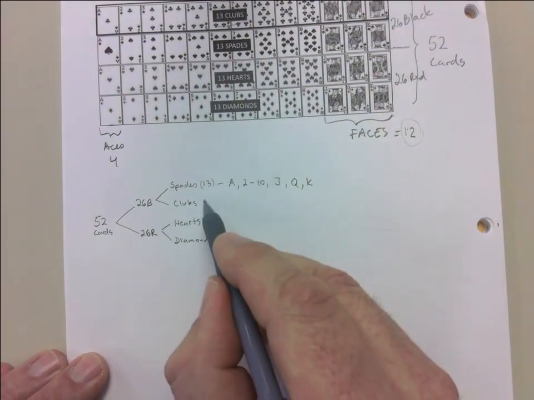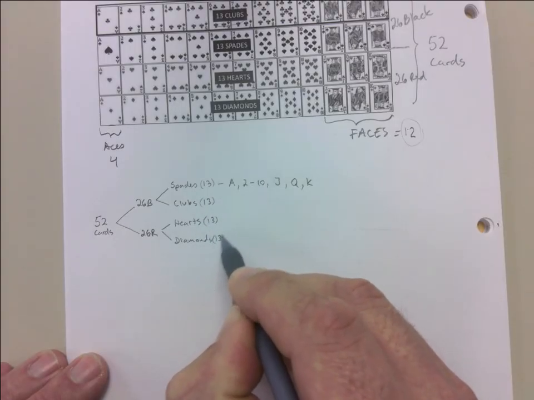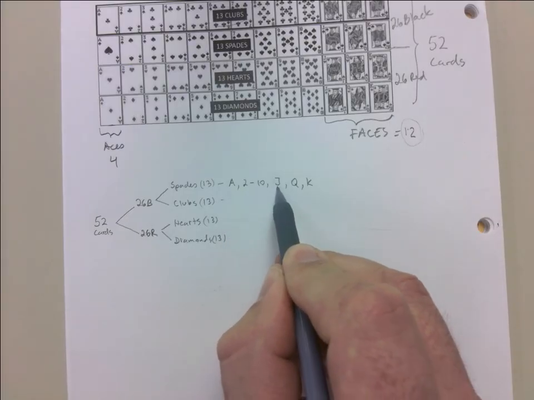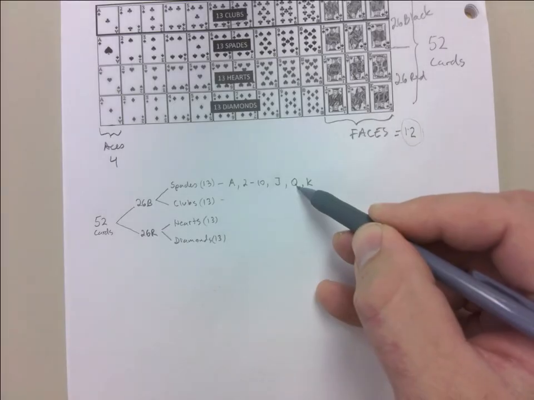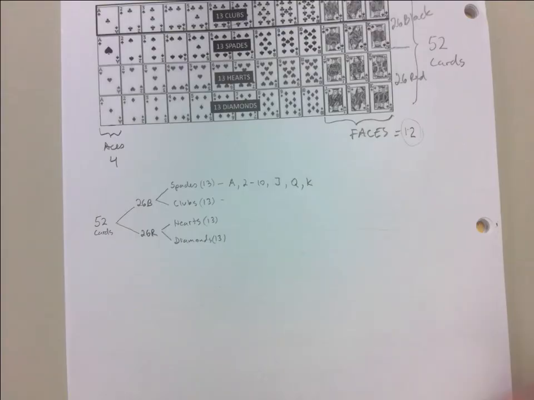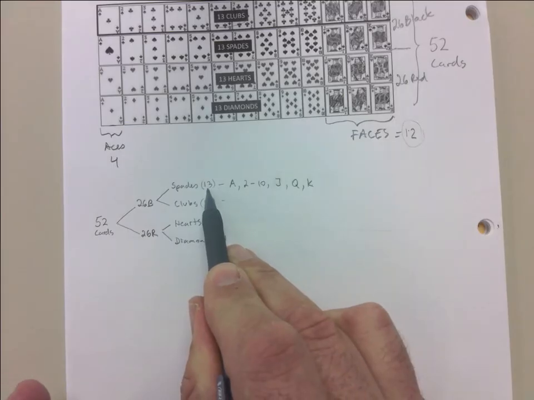If you have to write out the same steps, Ace, 2 to 10, Jack, Queen, King, for all of them, do it if you must. But I'll just show you the first one.